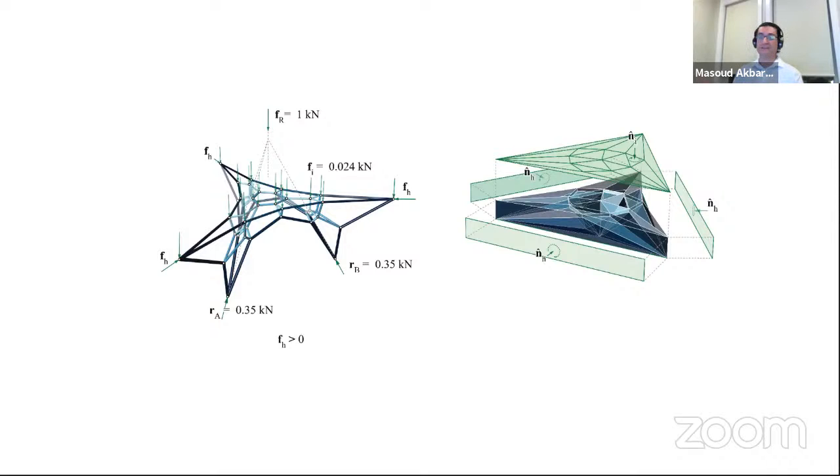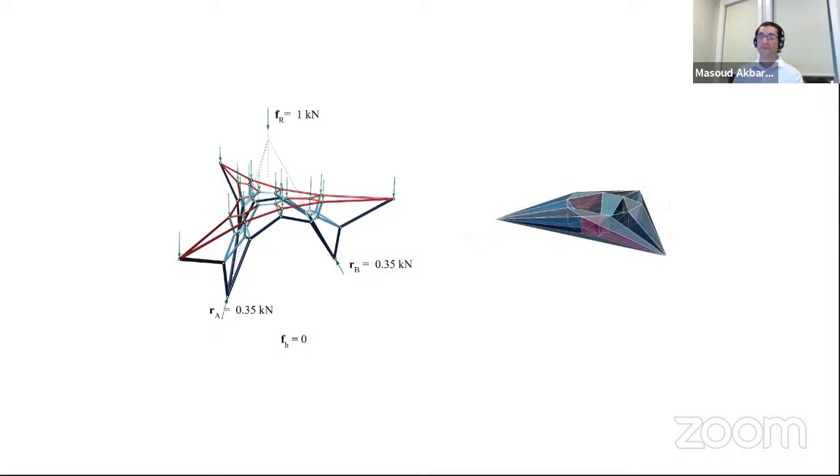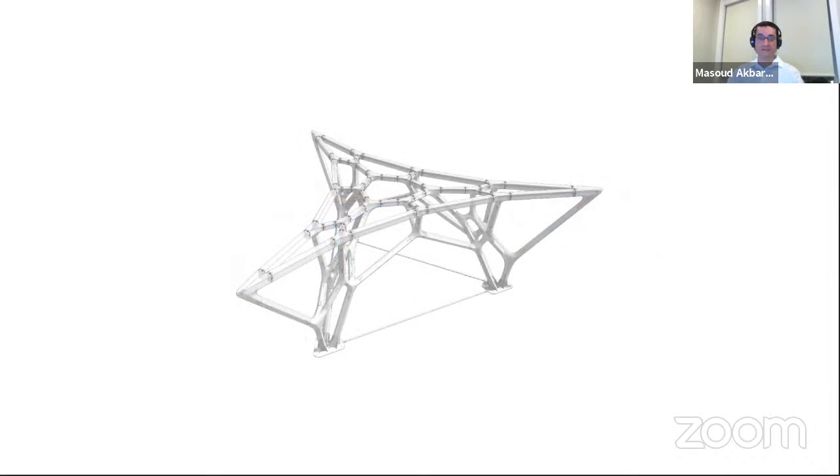Making the area 0 is as if you're collapsing that rectangle into a line. As a result, your form will turn into the following form, where the top chord would go into tension and the rest would stay in compression. Because we wanted to build everything out of concrete and we knew that concrete cannot take any tension, right? We had to come up with a different detailing for the top.